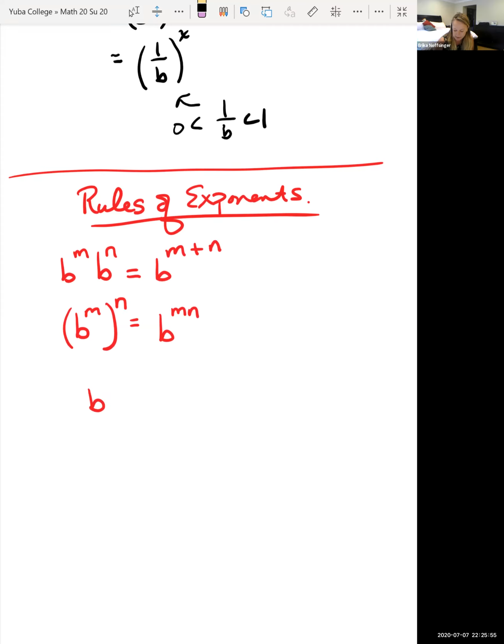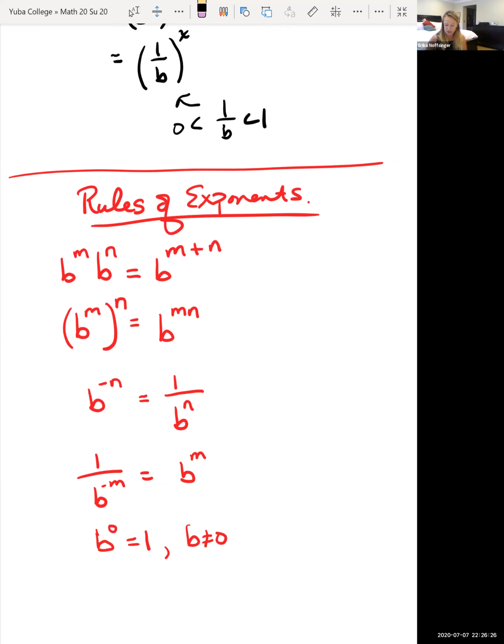If you have a negative exponent, we can rewrite it and make it positive by putting it down in the denominator. If it was already in the denominator, we could make it positive by moving it up into the numerator. B raised to the 0 power is 1, where b can't be 0.